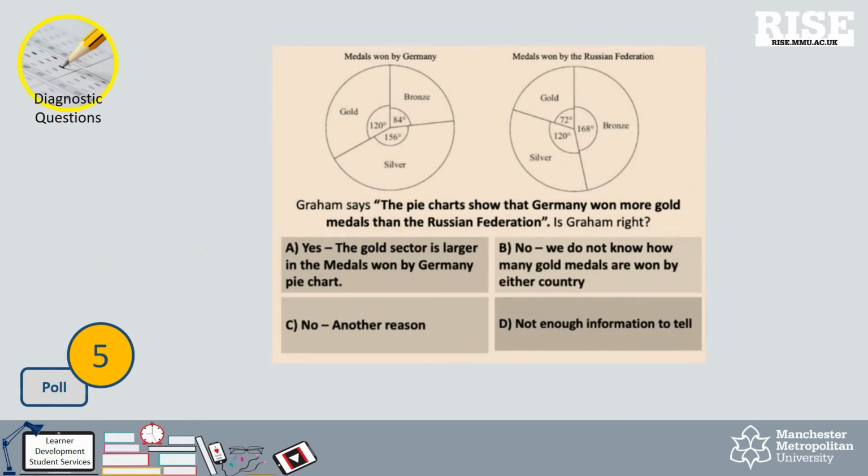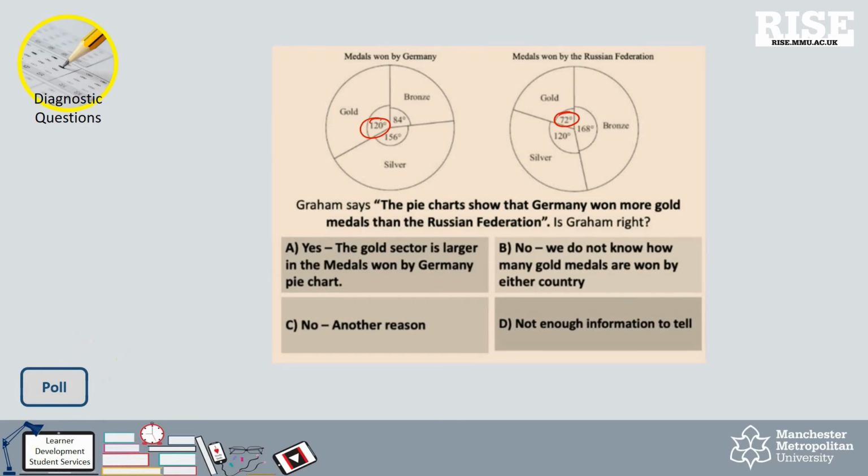Here we have two pie charts, the medals won by Germany and the medals won by the Russian Federation. Graham says the pie chart shows that Germany won more gold medals than the Russian Federation. Is he right? Okay, so we can see that the gold for Germany is 120 degrees, whereas the gold for the Russian Federation is only 72 degrees.